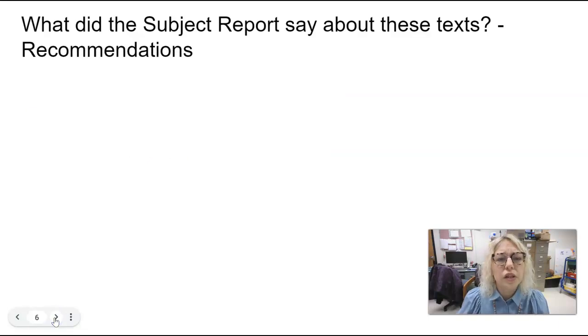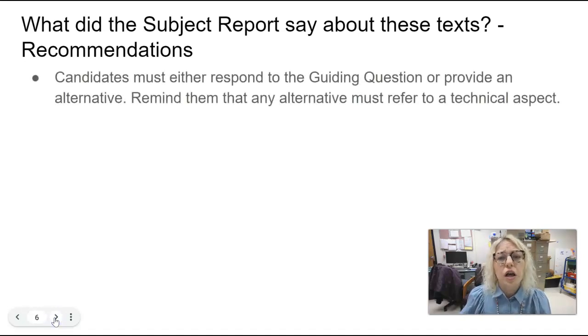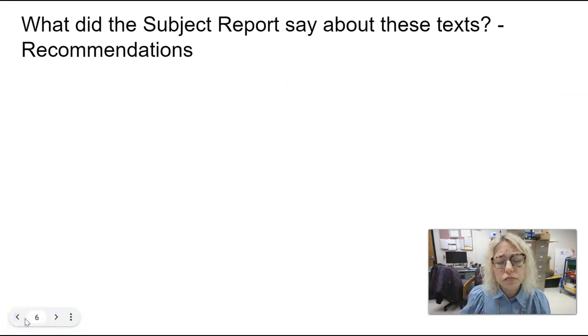All right, so every year we get a subject report after students test, and a subject report is designed by examiners for teachers. I read it every year, and I look over what the examiners said that the candidates who wrote about these texts did well, and then what they needed to work on.